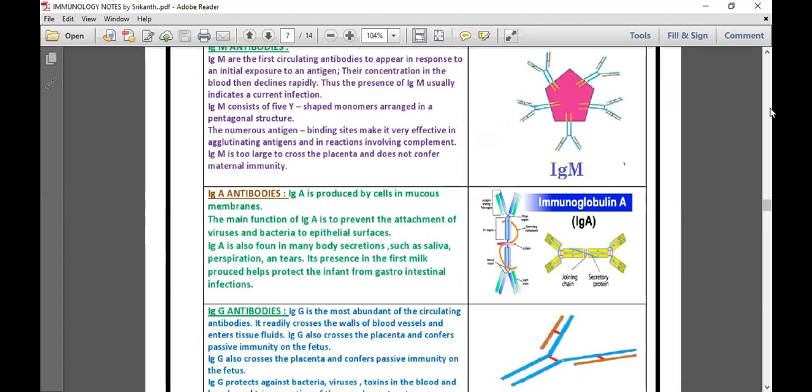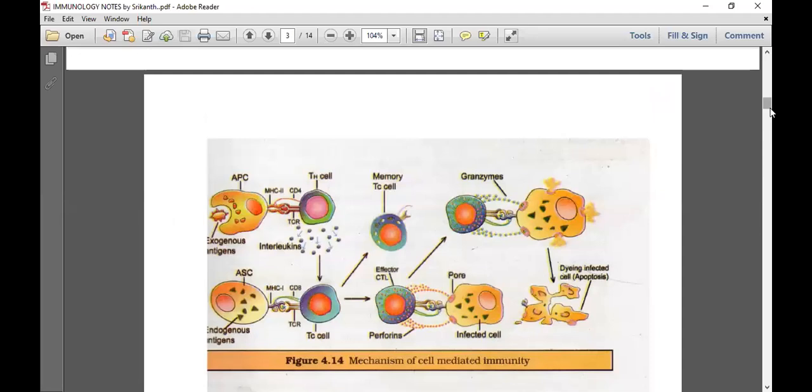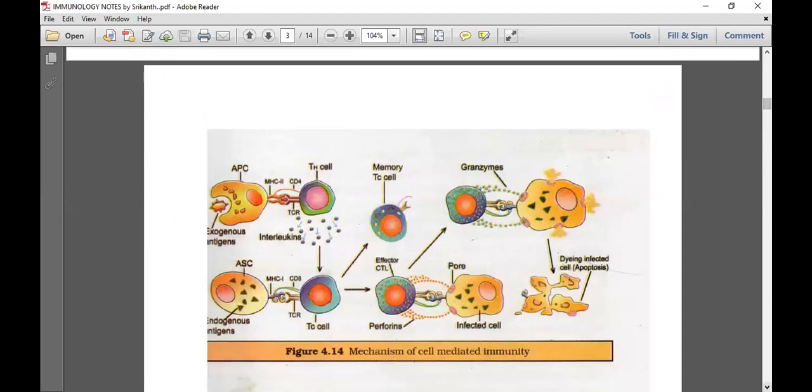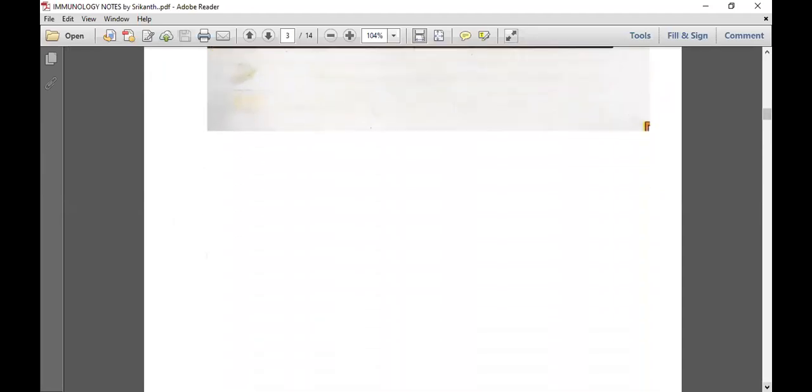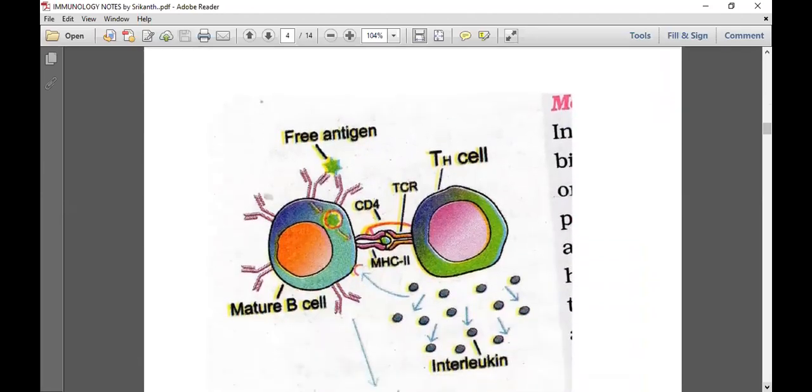So let me take a look at this. Let me show you that B lymphocyte. So this is the cell mediated immunity which we have completed, and now I am moving on to the same story for humoral immunity, whatever we see in the theory. Here you can see this is a mature B cell. Now it acts as an APC.